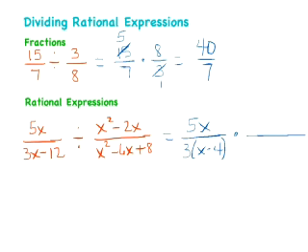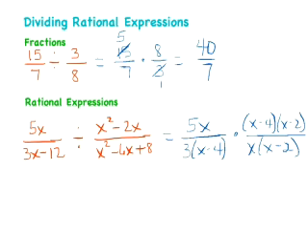And then in my second rational expression, I'm going to put this on top, but in factored form. So that's going to be x minus 4 times x minus 2. And then I'll put this on the bottom, but again in factored form. So that's going to be x times x minus 2.